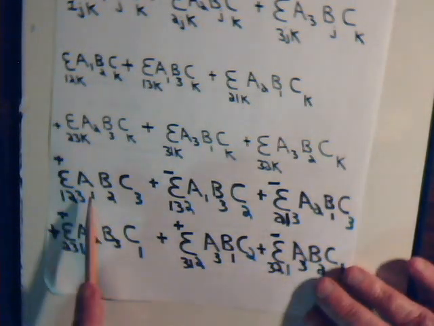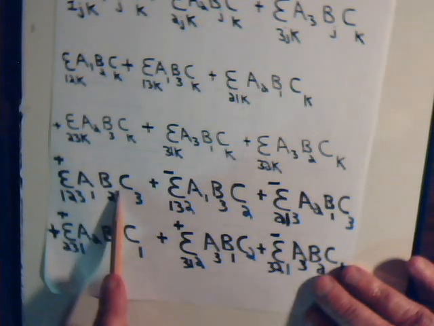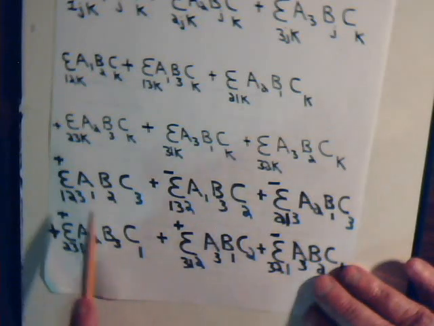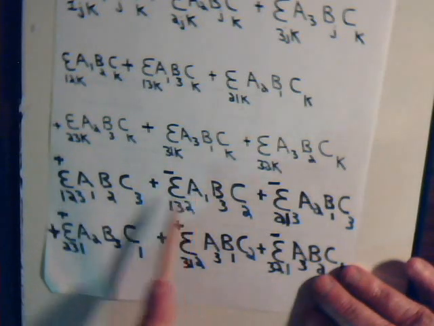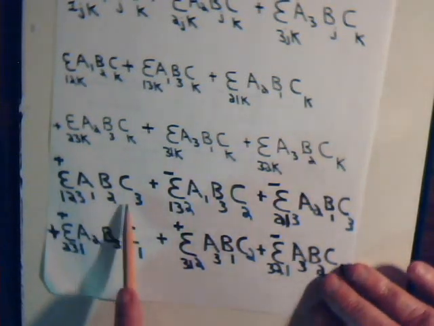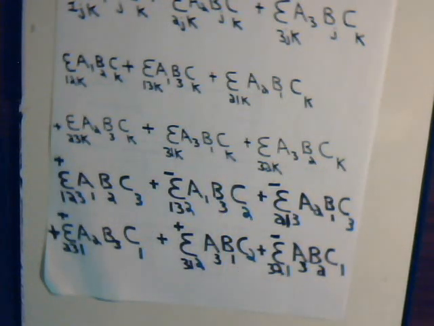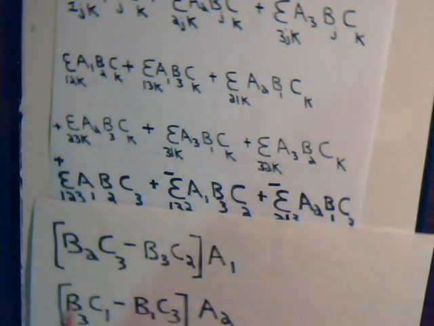But let's look what we have then. Here we have A1, B2, C3 minus A1, B3, C2. Let's factor out the A1. We have B2, C3 minus B3, C2. And that's what we have right here. B2, C3 minus B3, C2 times A1.